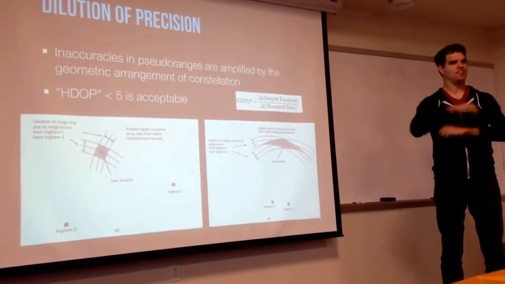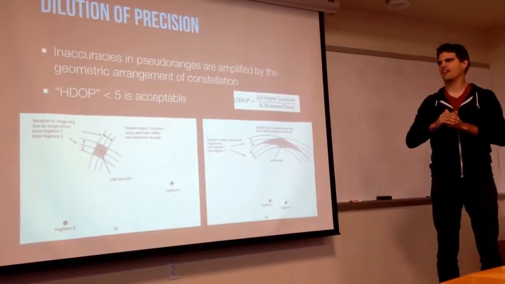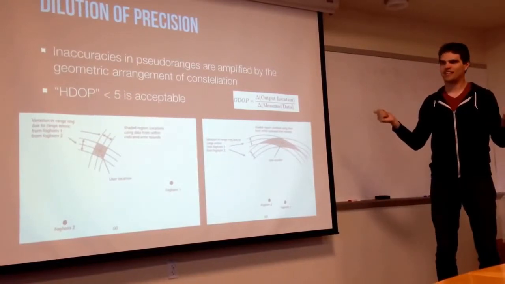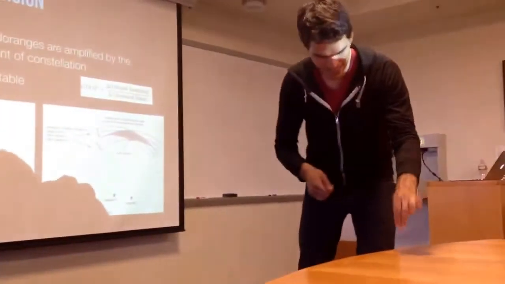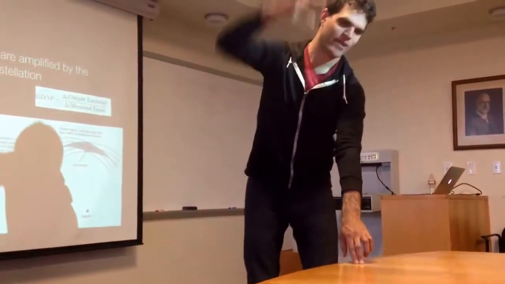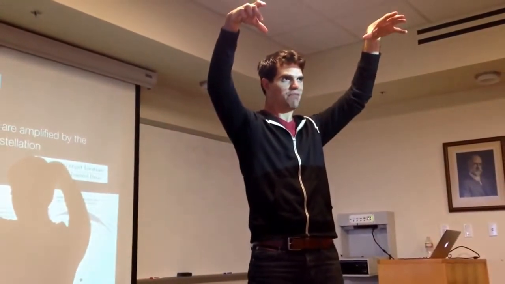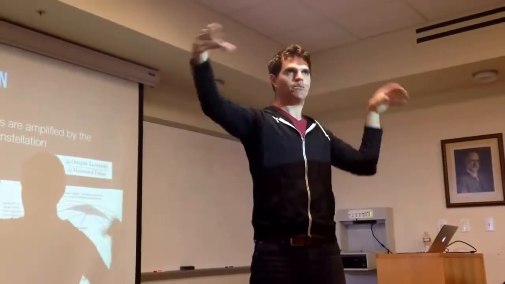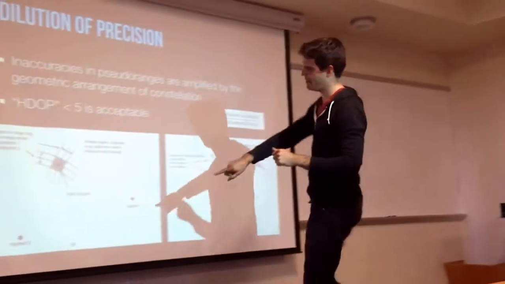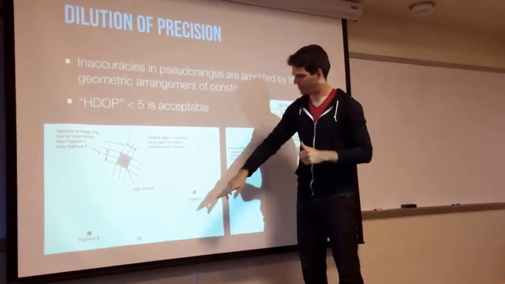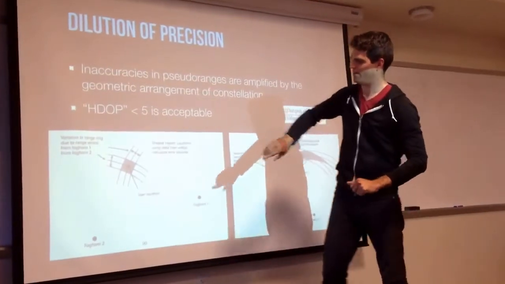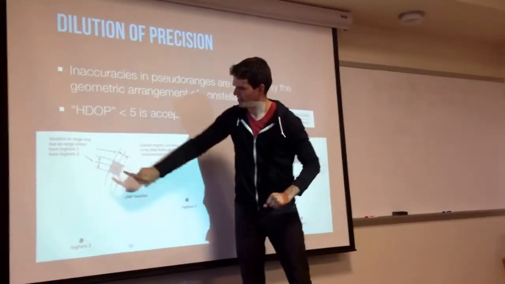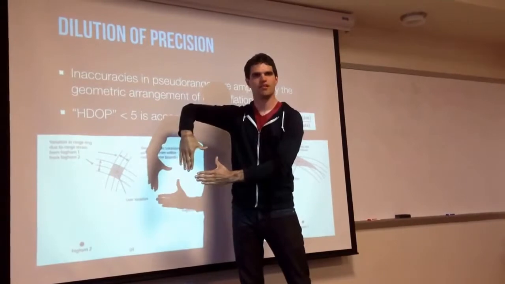The inaccuracies in the ranges to satellites are made worse by the fact that I'm down here on the Earth on a little point, and 20,000 kilometers above me there are satellites sitting. Depending on the geometry of this arrangement, to go back to the foghorn example, if I have two foghorns placed at 90 degrees away from each other, any error introduced is fairly rectangular.